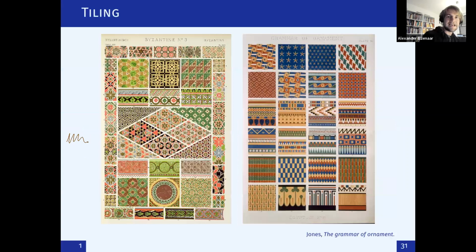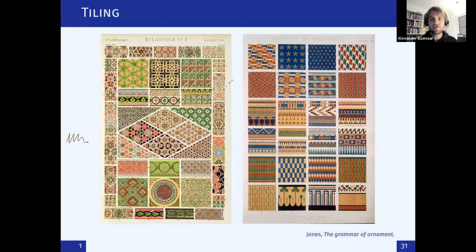So I want to start with some vague motivation, and the vague motivation is the idea that we can tile the plane with patterns. So these are some very old manuscripts. The ones on the left are Byzantine and the ones on the right are Egyptian.